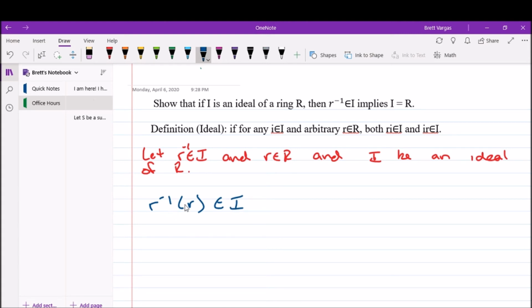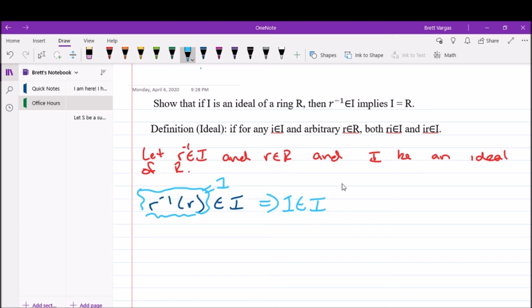But what's R inverse times R? Well, R inverse times R is really just 1. That's just saying 1 is in the ideal, because this whole thing is equal to 1. So that implies that 1 is in the ideal.